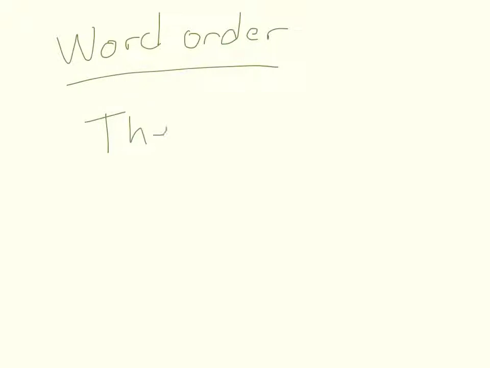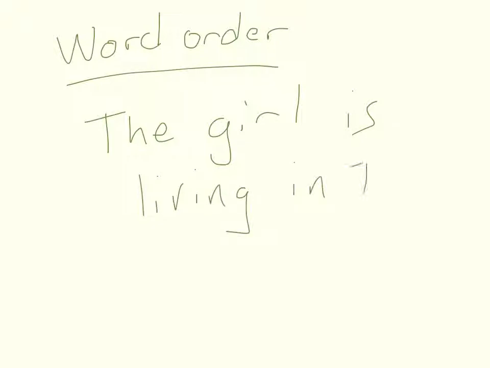A bigger concern is going to be the difference between Latin and English in word order. In English, we have a very predictable order of words. If we have a sentence, the girl is living in Italy, that's a very logical order for those words.